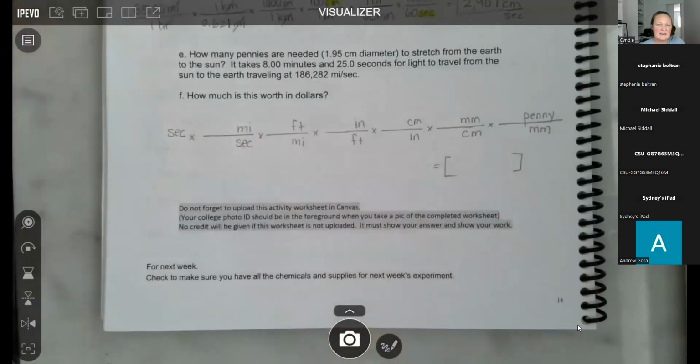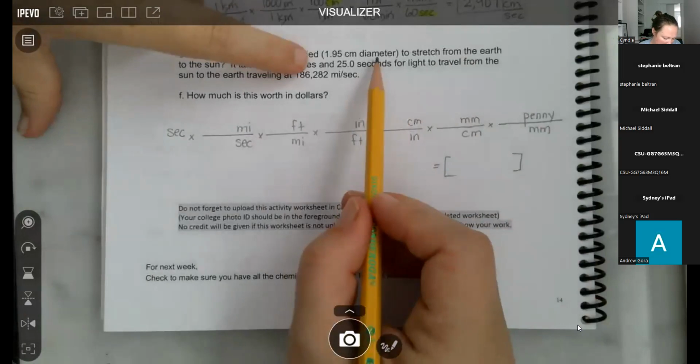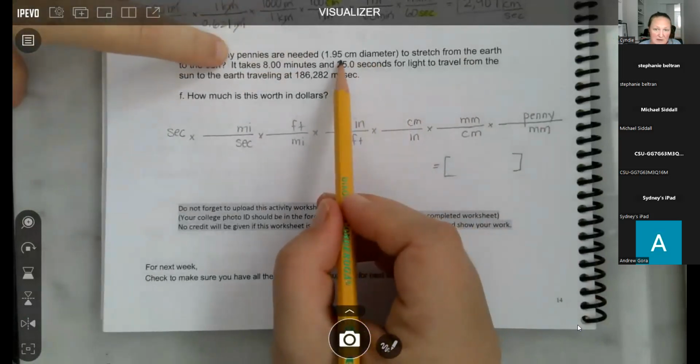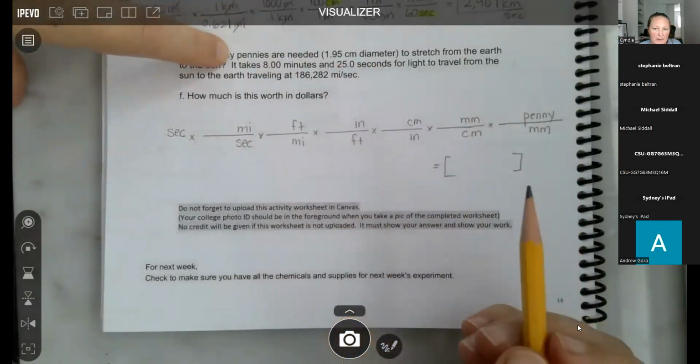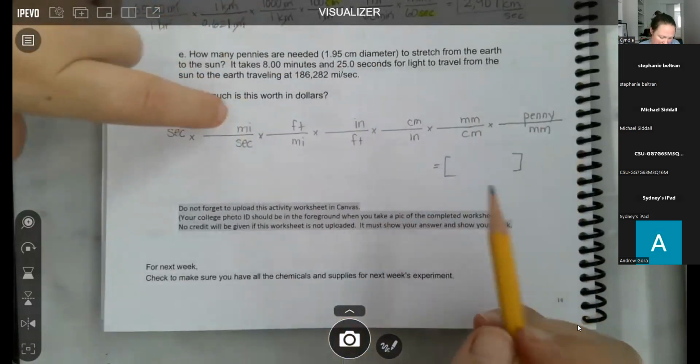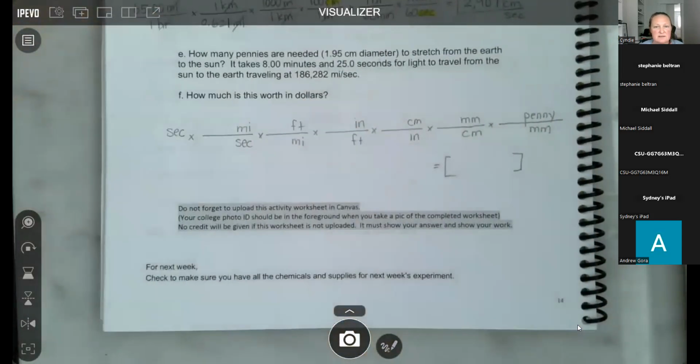The extra step is that up here, it tells you the diameter of a penny in centimeters, but he converts the centimeters to millimeters. So it's sort of unnecessary. But anyway, that's what we're doing.